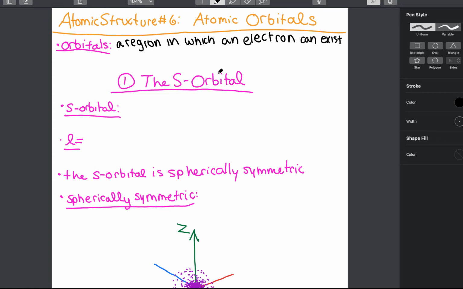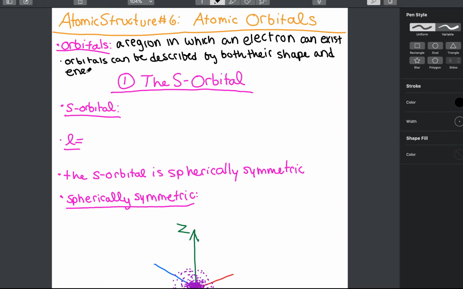And recall from one of our last videos that orbitals can be described by both their shape and energy. So in the last video we talked a lot about their energy, and in this video we're going to be talking a lot about their shape.